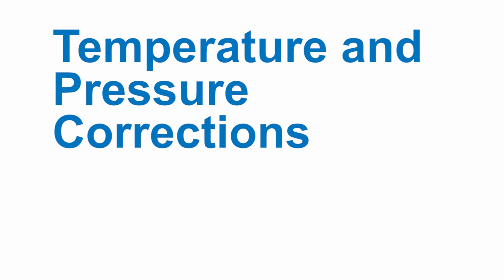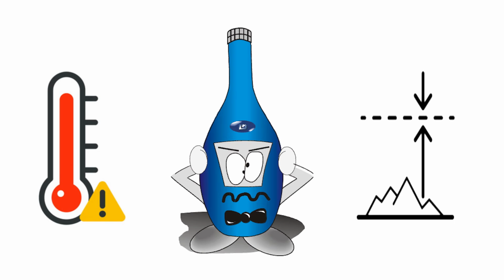Temperature and pressure corrections. When the microphone and instrument are at a temperature other than near room temperature or static pressures not near sea level, then corrections will need to be added for the ambient temperature and the prevailing static pressure. The microphone's sensitivity varies with static pressure.